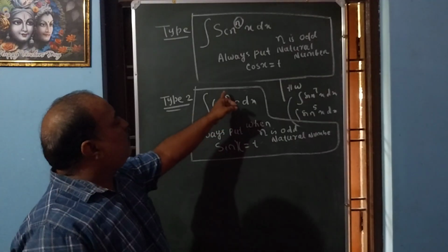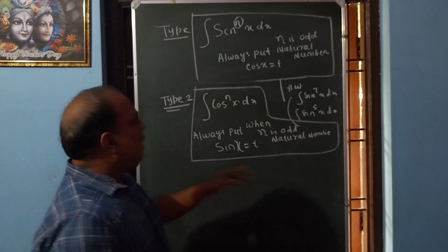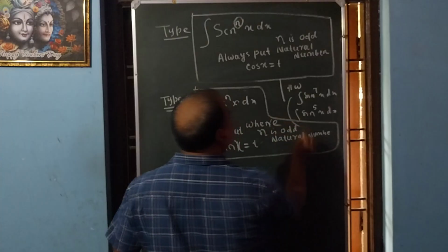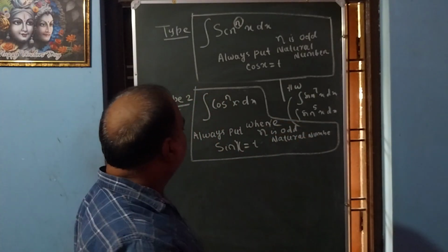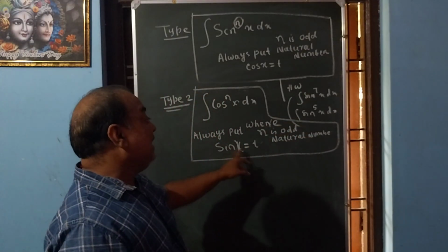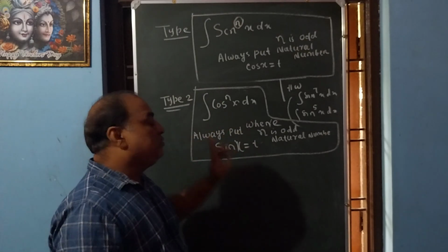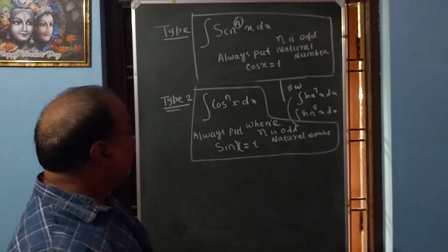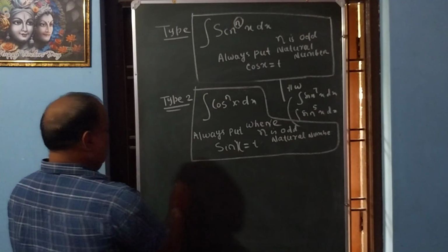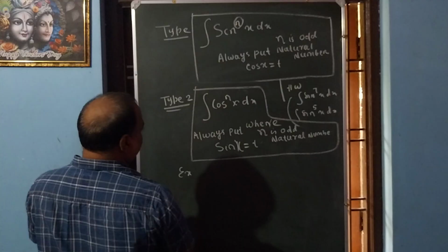Integration of cos^n x dx, where n is an odd natural number. Always put sin x is equal to t. In this case, always put sin x is equal to t. So one example. Write down one example.